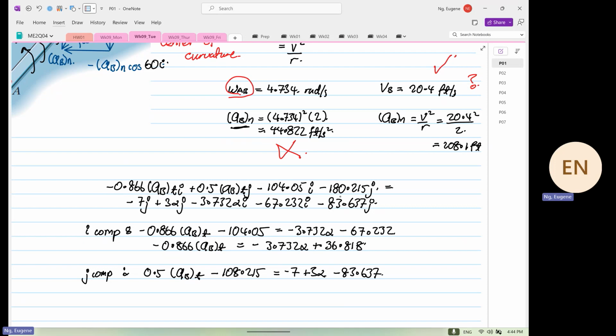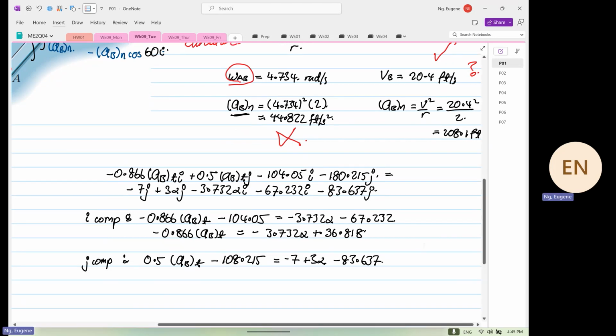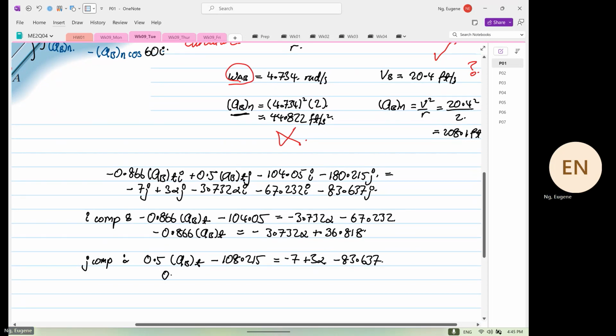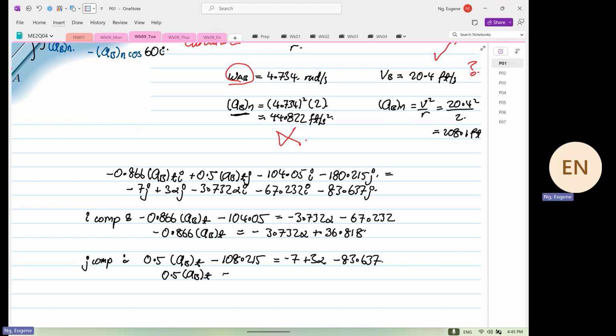So 0.5 ABT will be equal to 3 alpha, right?